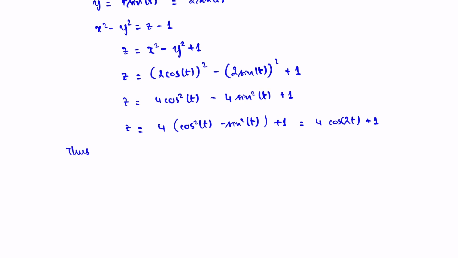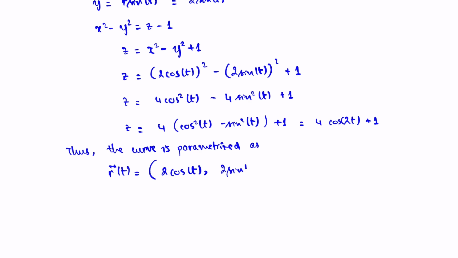Thus, the curve is parameterized as follows. You have a vector valued function of the curve obtained by the intersection between the two surfaces as r of t equal to <2 cosine of t, 2 sine of t, 4 cosine of 2t plus 1>.